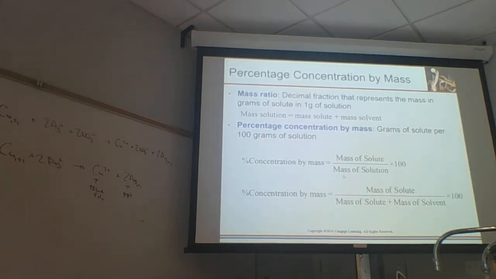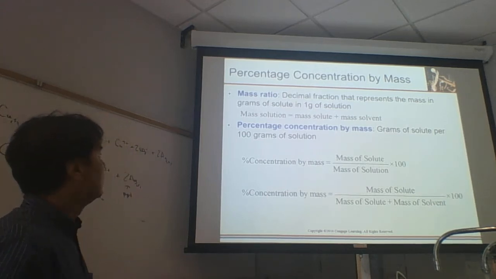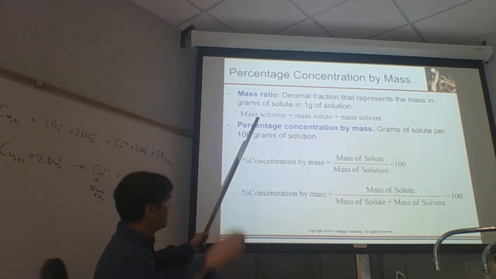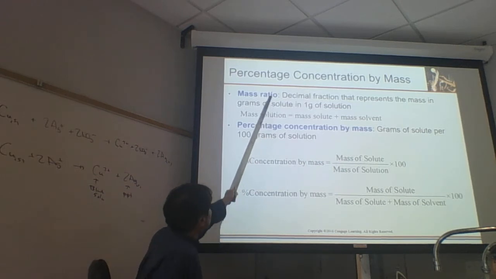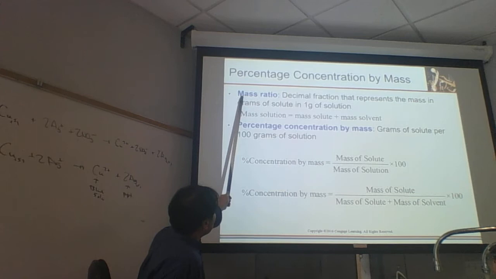Okay, once we do this, then we want to express the concentration of mixtures. There are different ways we can express the concentration of mixtures. One way is by percent by mass. We use this for many different things, expressing the composition. We have the mass fraction.